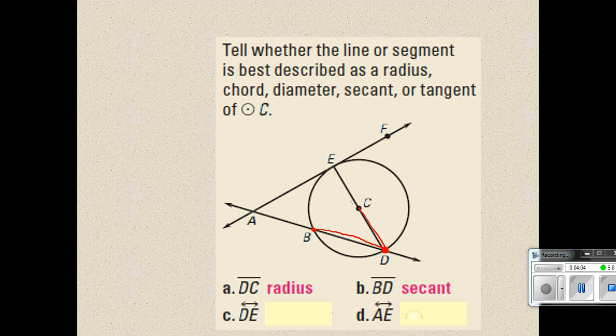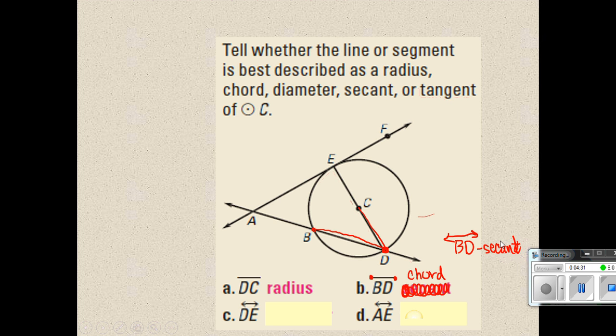B to D would be called a chord, not a secant. I'm sorry about that. That is the wrong word. This would be a chord because it has endpoints. Okay? If it was line BD, then that would be a secant. Okay. Sorry about that. Okay.